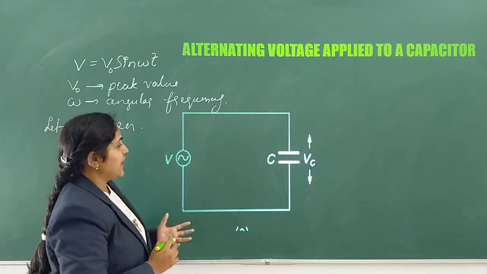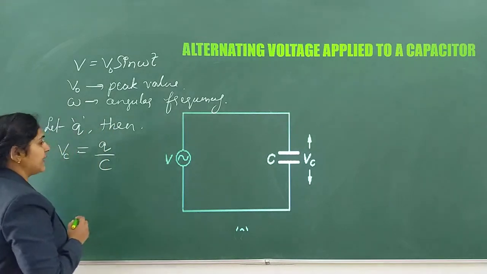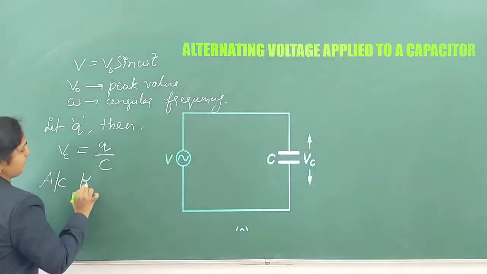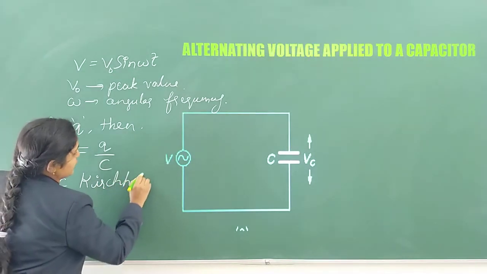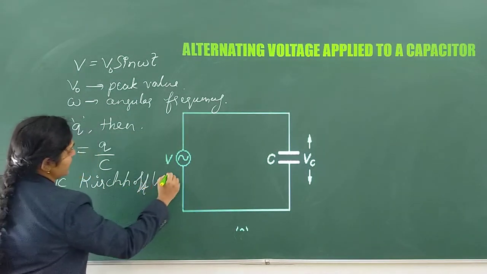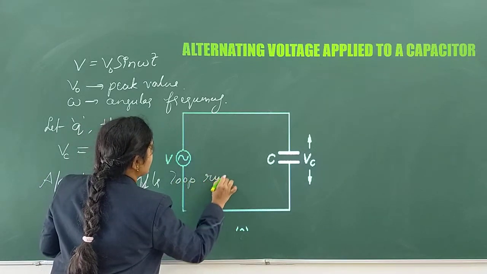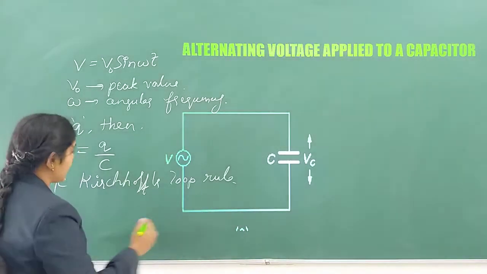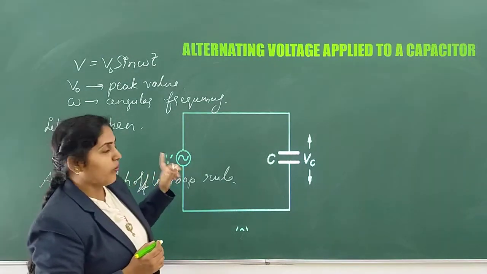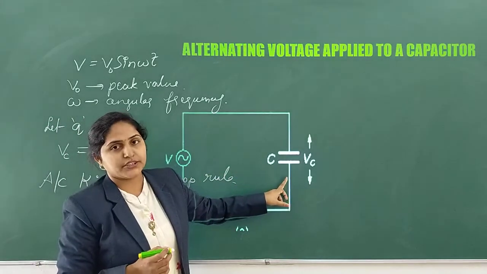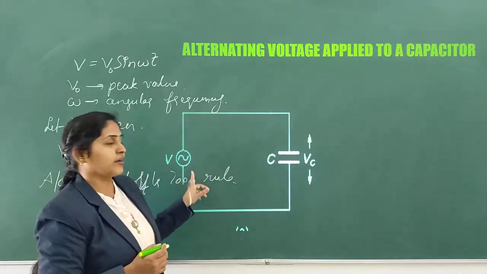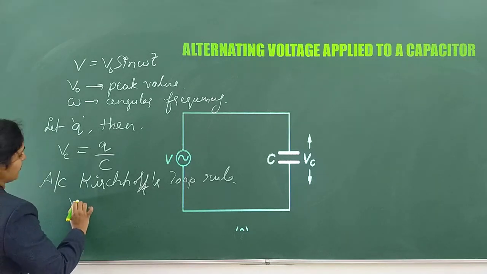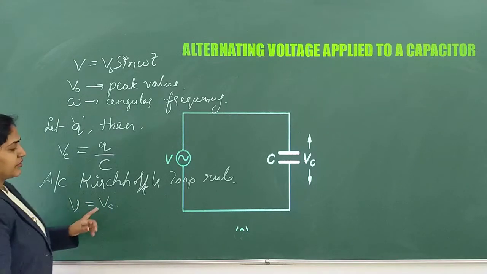According to Kirchhoff's loop rule, or it is also called the voltage law or Kirchhoff's second law, the voltage of the source will be equal to the voltage across the capacitor, that is V equals Vc.